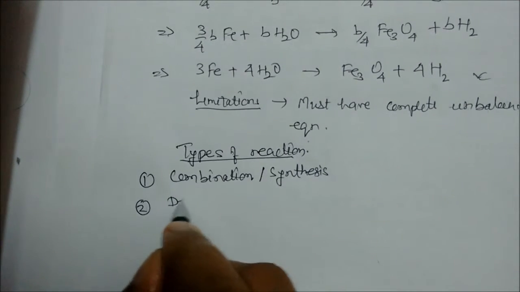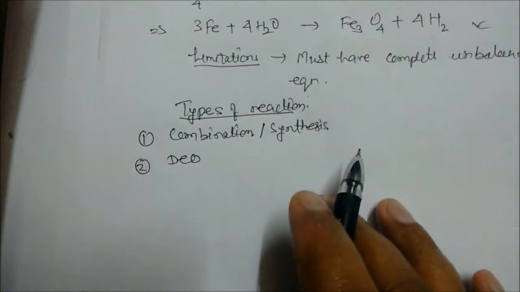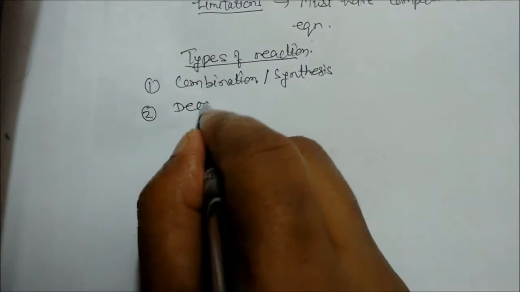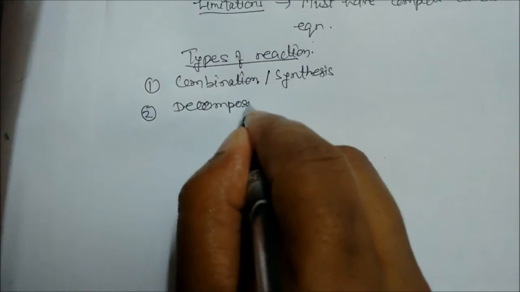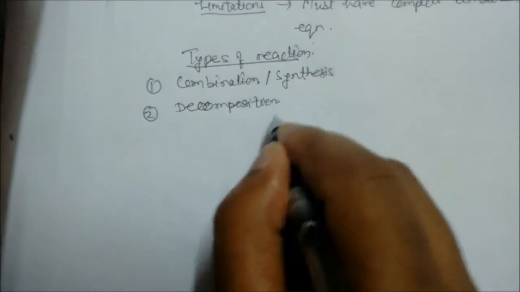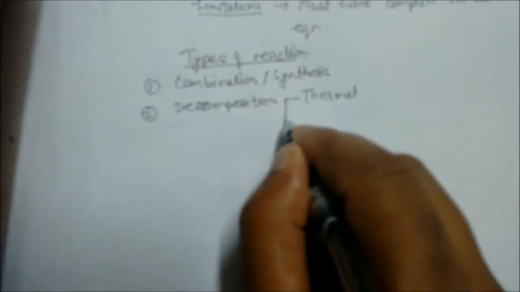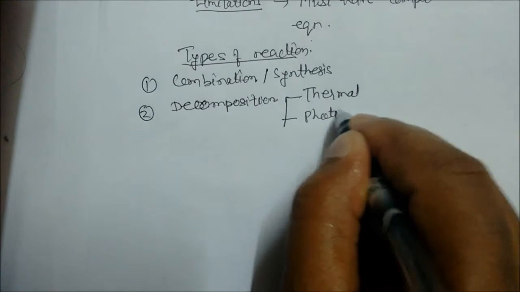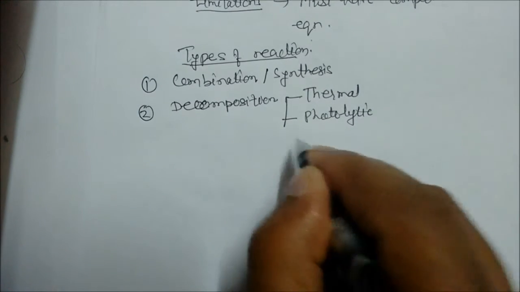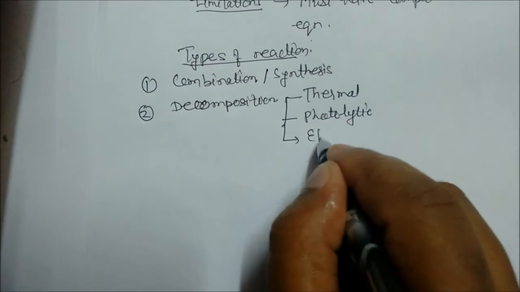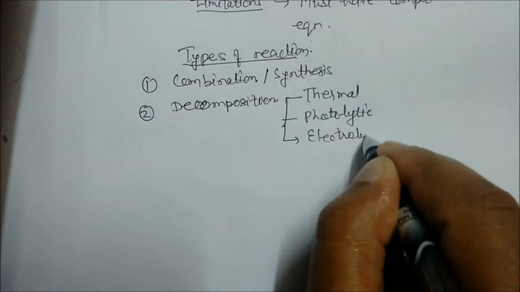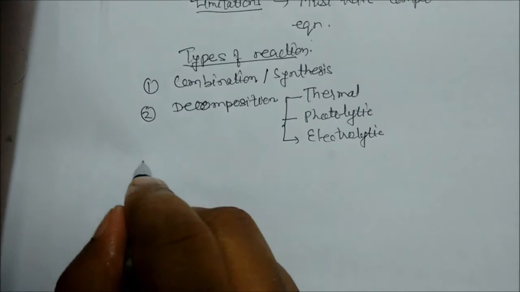Second is decomposition reaction. It is again three types: one is thermal, then photolytic, and electrolytic.